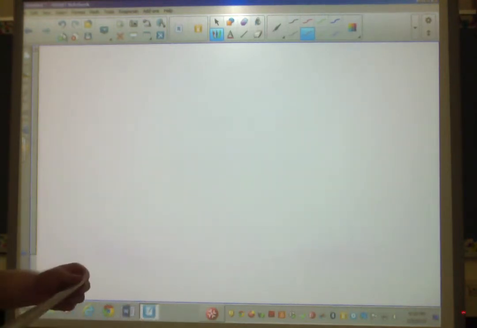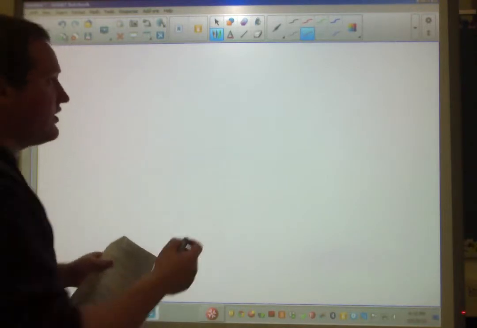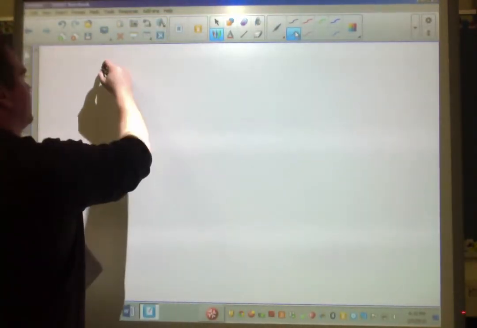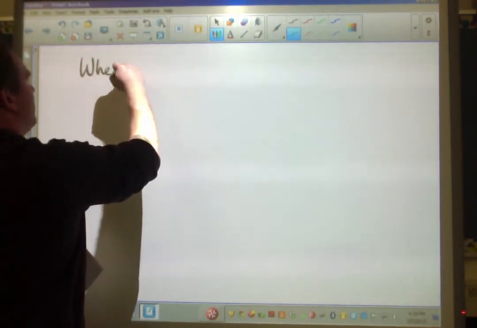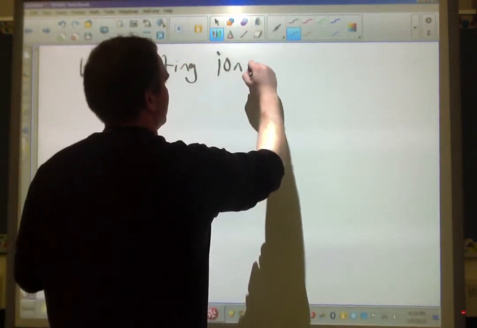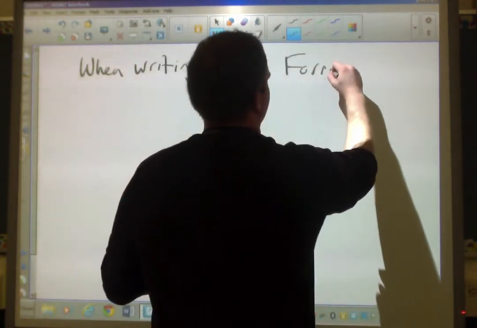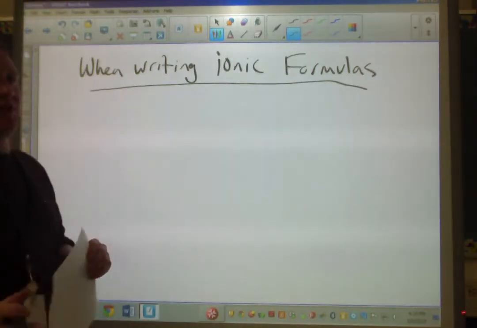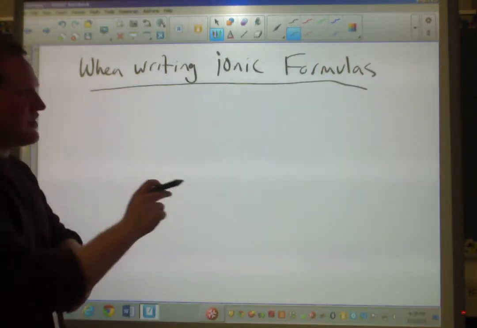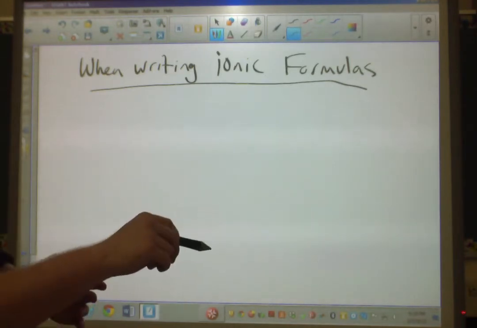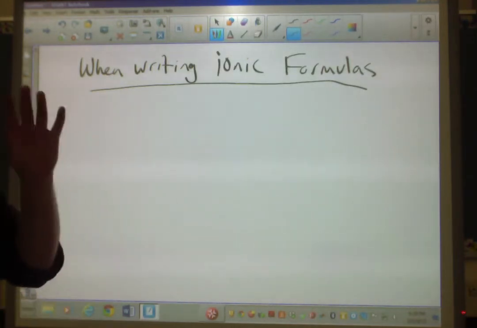Okay? With ionic, there's pretty much one general rule to sum up everything. So, when writing ionic formulas, most important thing you can do, make it a two-step process. I see so many students just trying to take their first stab at it and they end up getting it wrong. Just make it 2 steps.